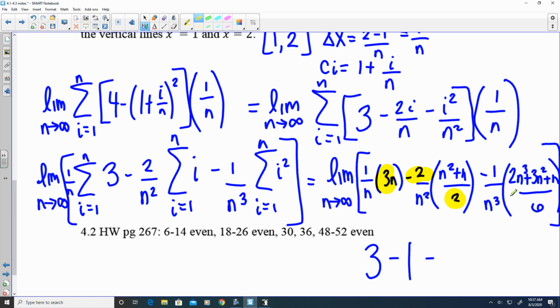And the last one, my top is going to be 2 and the bottom is going to be 6, so it's 1/3. That saves us quite a bit of simplifying time if you do that trick. And the answer here is 5/3. There we have it, section 4.2, second half, on summations.